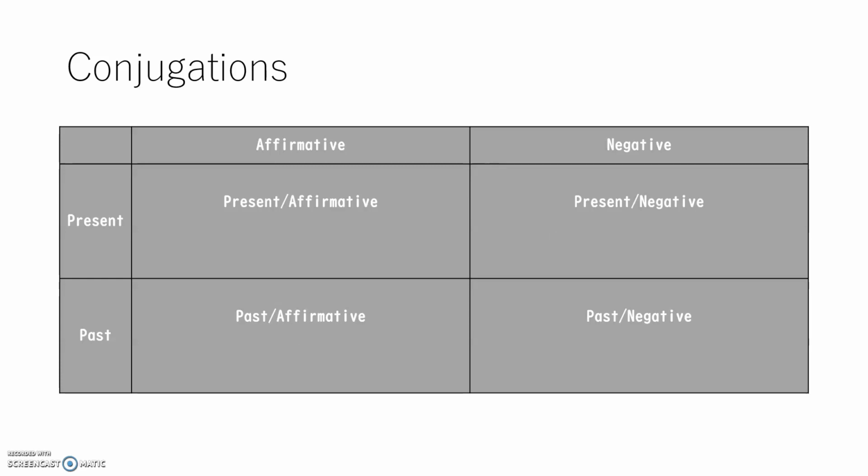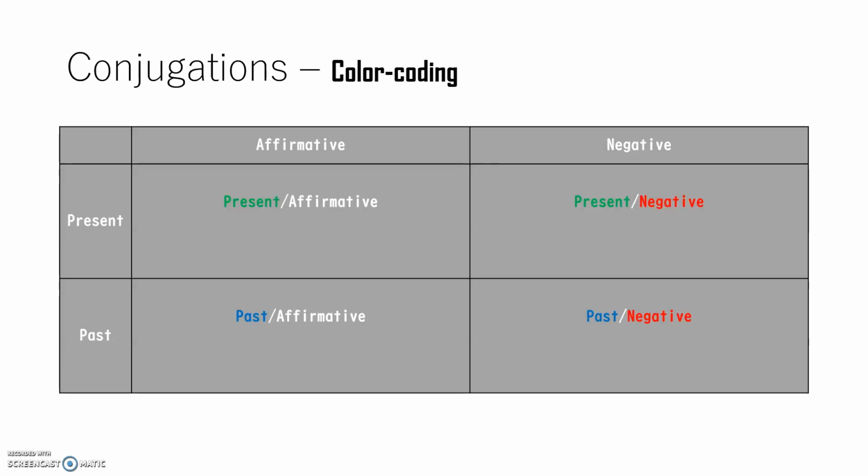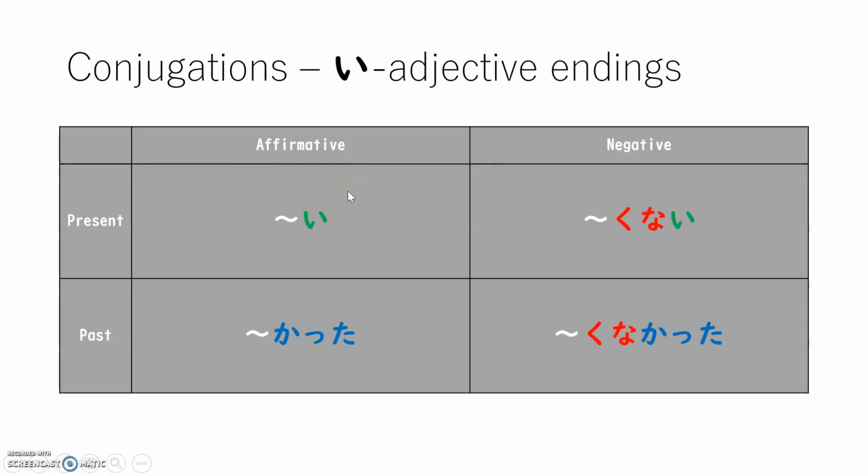All right, so now to conjugations. We're going to do some color coding. Basically, I'm going to have present in green, negative in red, and past in blue. And I just don't have anything for affirmative because the base form of the adjective is affirmative.